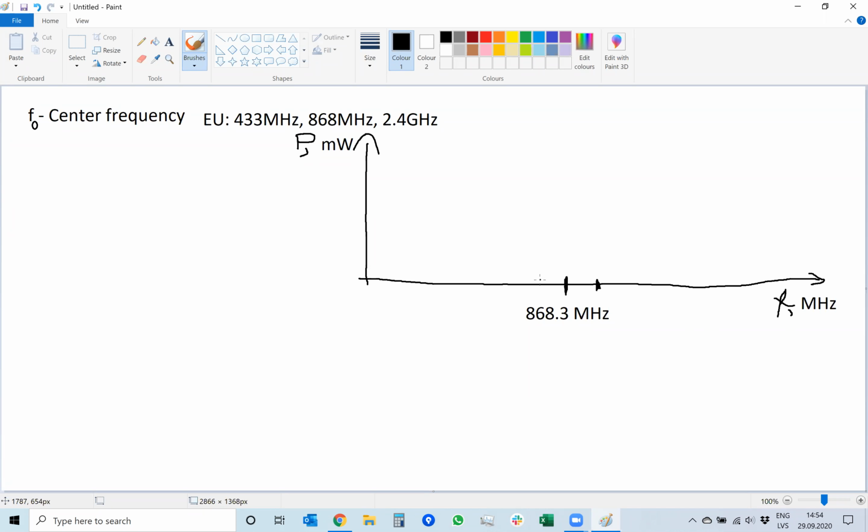And if you want to send 0, you send it at a little bit lower frequency. And actually, you never send the signal in the center frequency. You only send it a little bit lower or a little bit higher. And so a little bit higher means, for example, 1, and a little bit lower frequency means 0.